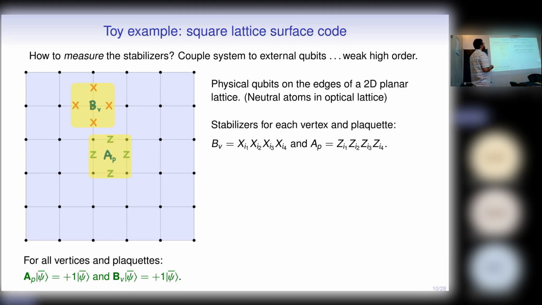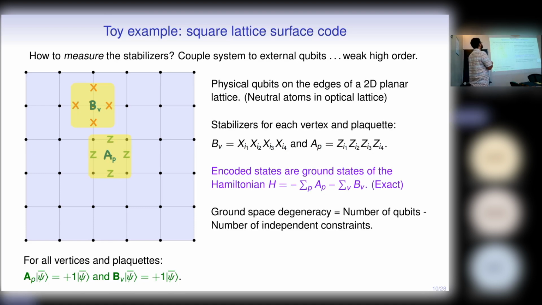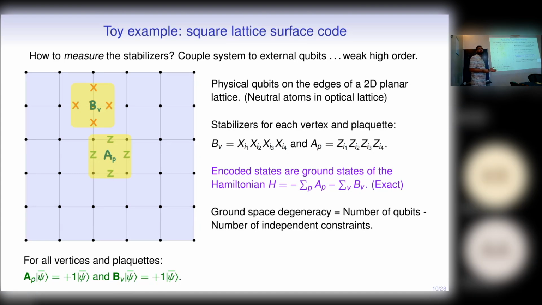Now, there's a nice condensed matter picture also hidden here: if it's a +1 eigenstate of all these operators, one for each face and one for each vertex, I can say the simultaneous +1 eigenstate is the ground state of this Hamiltonian. It's a commuting Hamiltonian. You can exactly solve it.